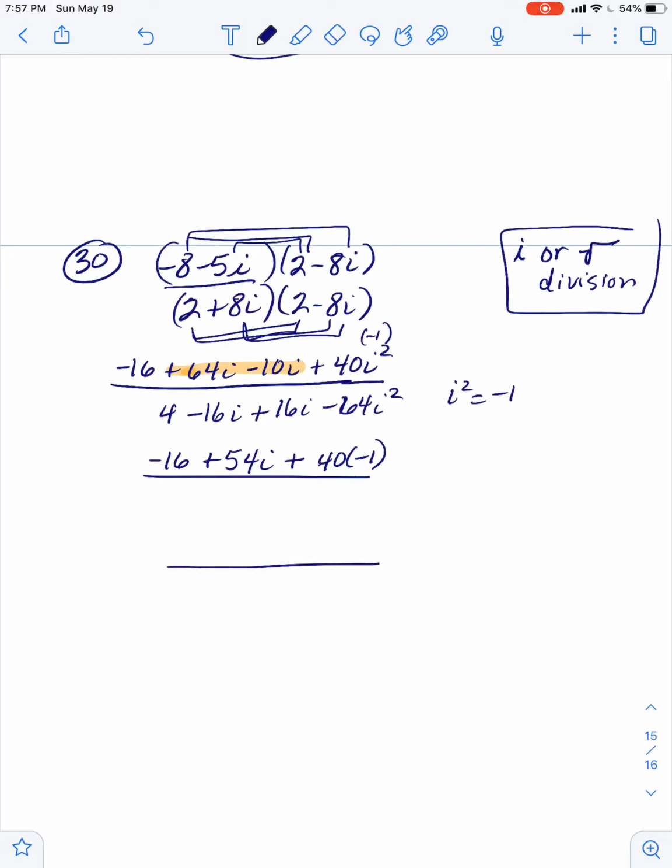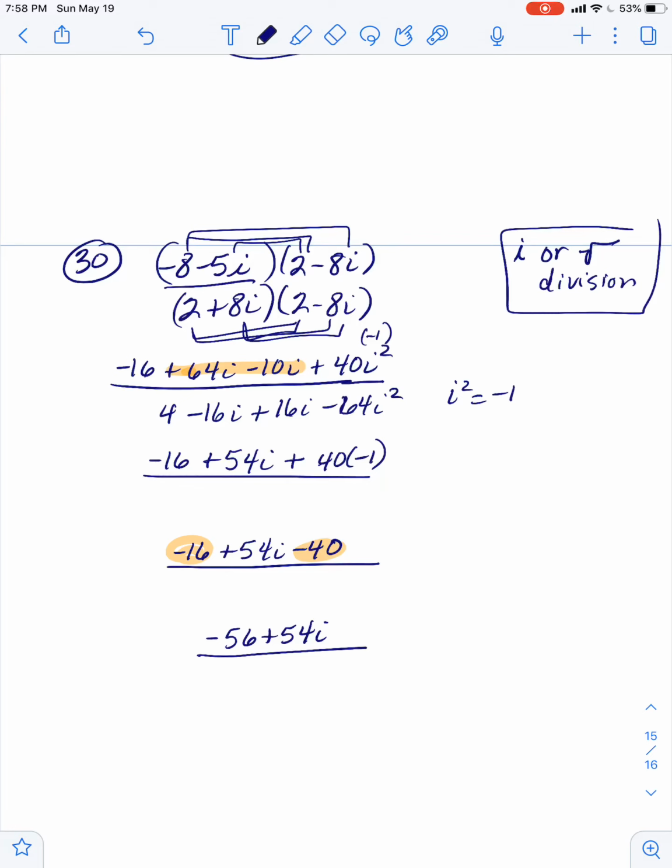And I'm going to go ahead and come down and I'm going to finish the top out. So negative 16 plus 54i, and then that's minus 40. Okay, one more step. I'm going to put the 16 and the 40 together, do my like terms. So I'm going to get a negative 56 plus 54i. So now that's just working with the numerator.